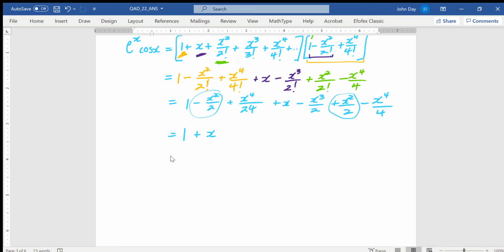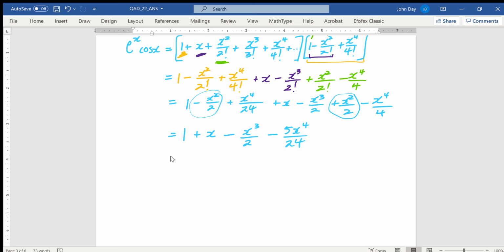So that's cancelled. The x cubed, there's minus x cubed on 2. And the x4s, there's x4 on 24, and then there's minus 6x4 on 24. So there's a minus 5x4 on 24.